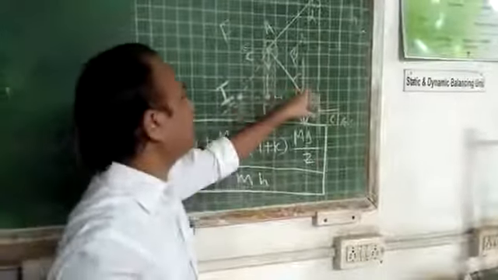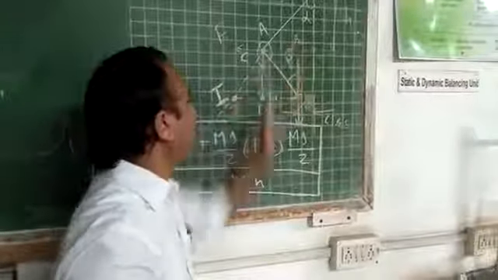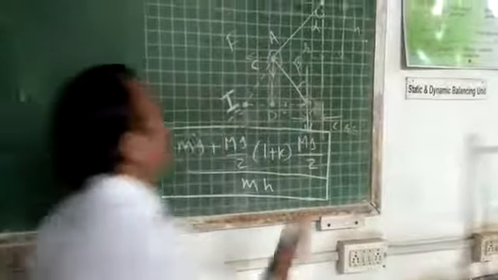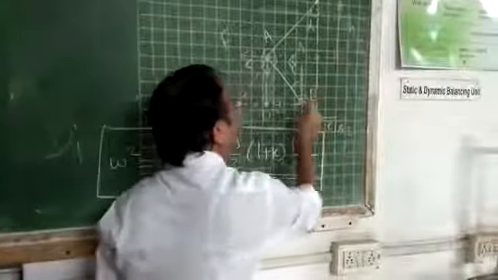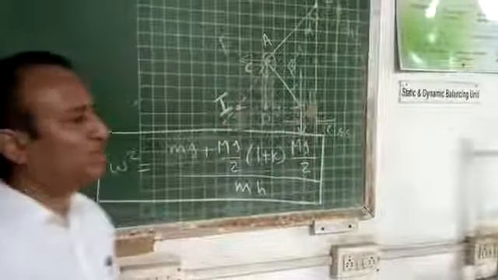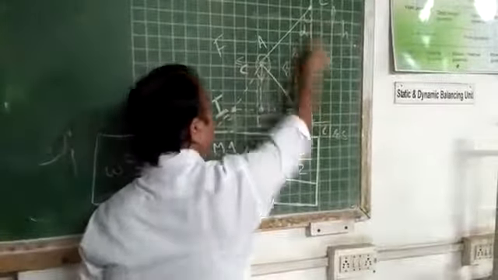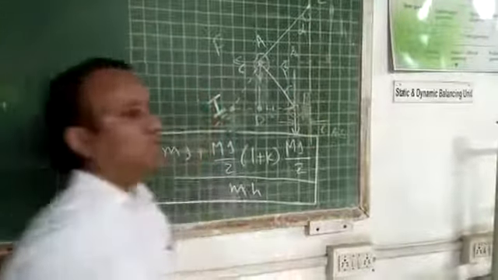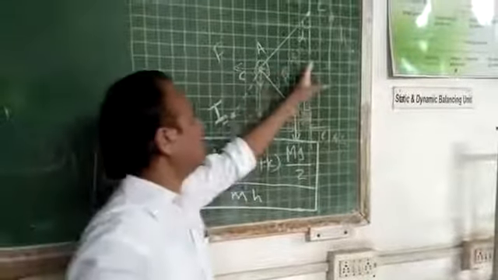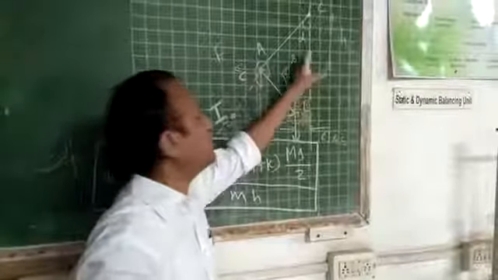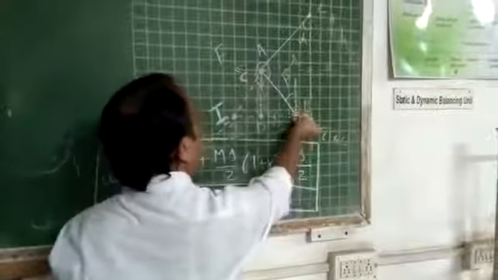So beta is the inclination of lower link with vertical. From this point B, I have drawn a line perpendicular to the spindle axis, perpendicular to the governor shaft.